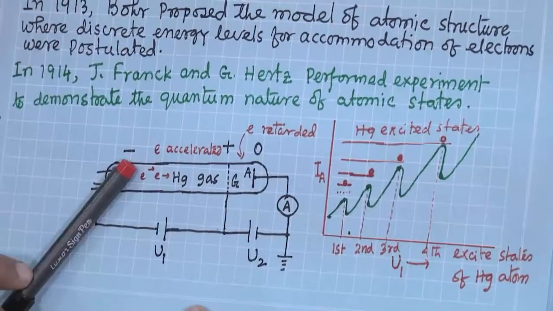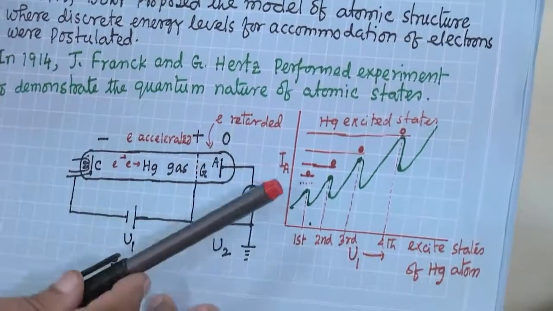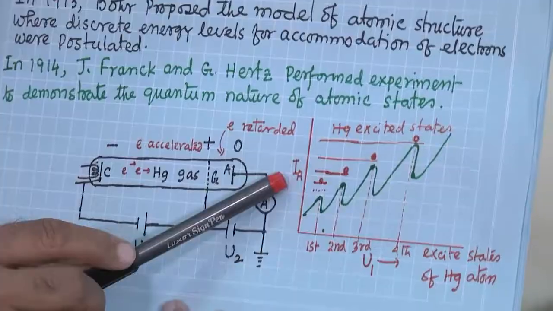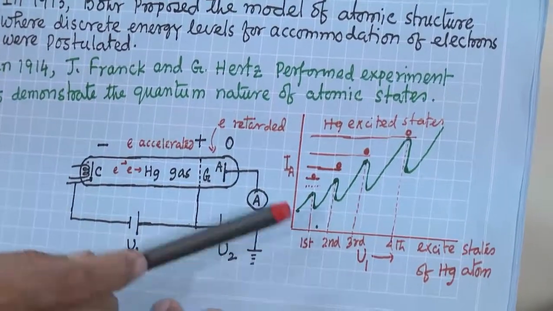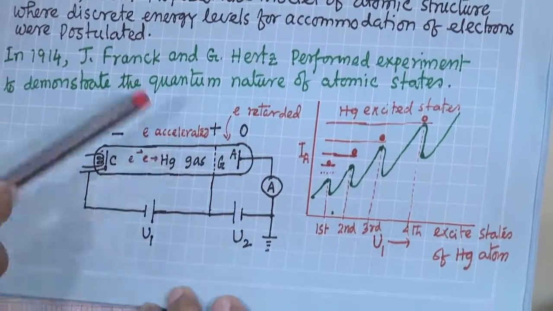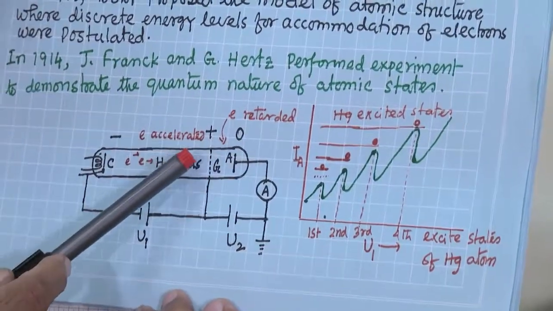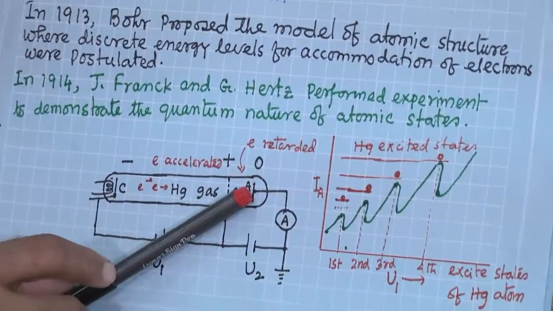So the question is, why does this sudden drop of the anode current come? A sudden drop means that at that voltage, a sufficient number of electrons are not reaching the anode.